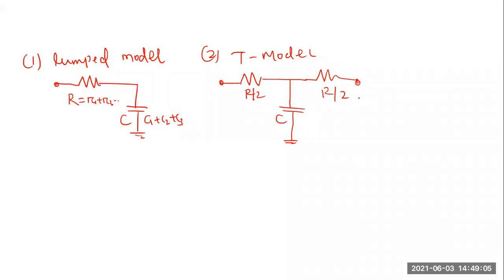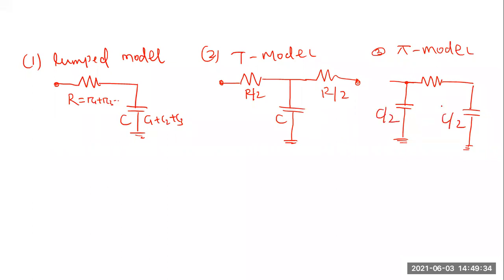It's symmetrical also. Then the third one is the pi model. It looks like a pi, so we split the capacitor. This is C by 2, this is C by 2, and this is R. Then the fourth one is the T2 model, generally called the T2 model.